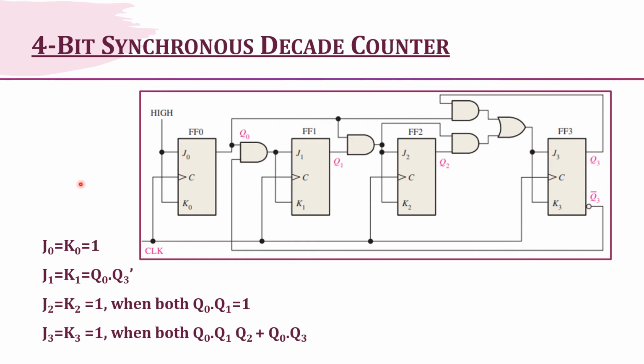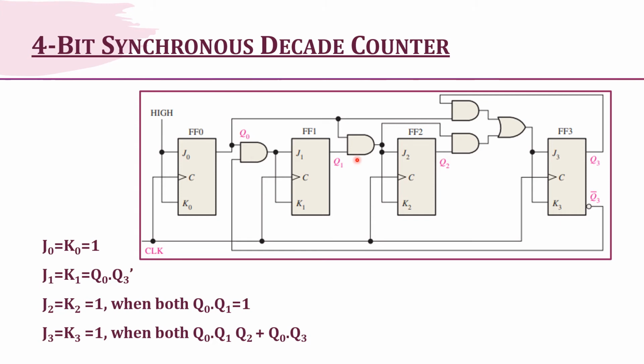Now let's draw the corresponding logic diagram. As we said, the J0 and K0 terminals should be connected to logic 1 to make F0 toggle on every clock pulse. Then J1 and K1 should be connected to Q0 into Q3 complement. Then J2 and K2 should be connected to Q0 into Q1.